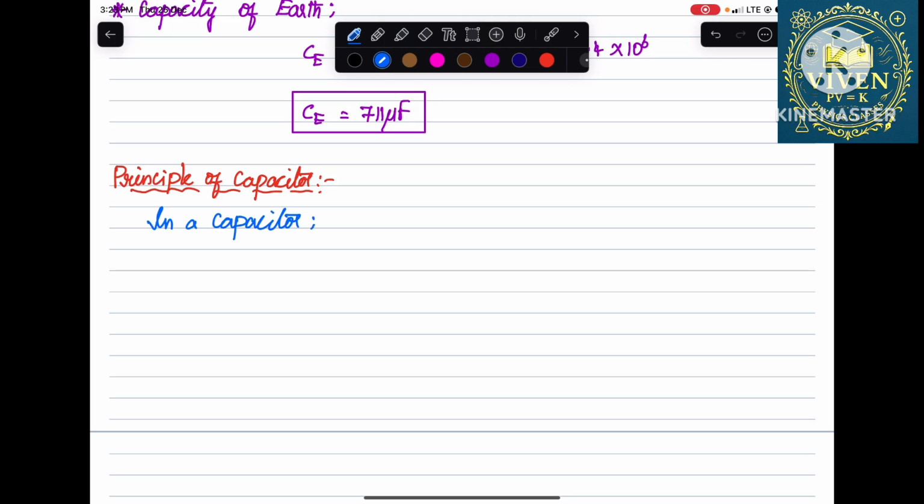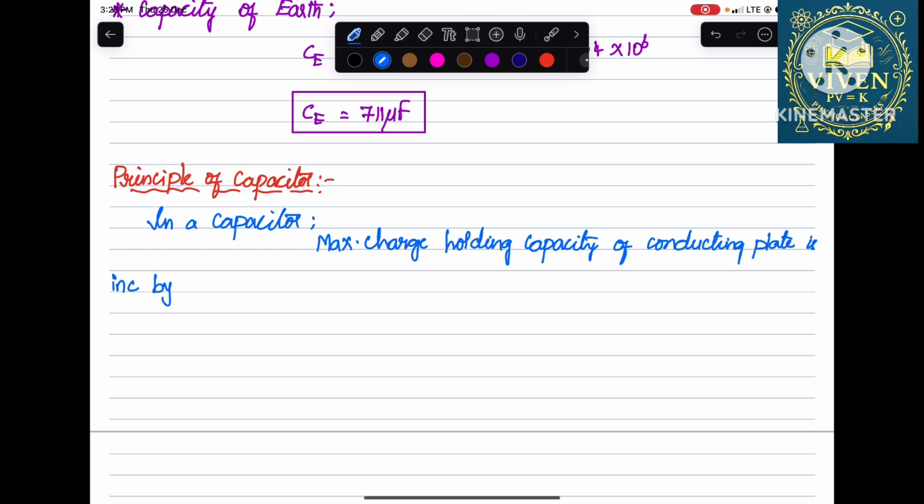In a capacitor, the maximum charge holding capacity of a conducting plate, whatever we are considering previously, is increased by placing a neutral earthed plate near to it.